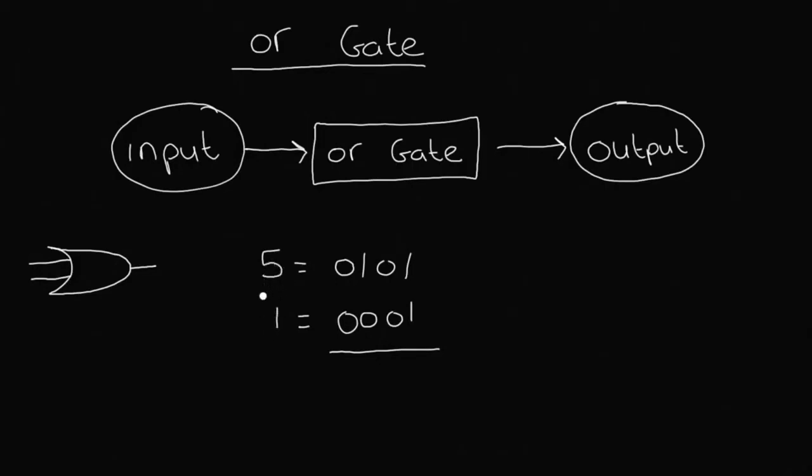Once we've got 5 and 1 as our input, we look a little bit deeper, at 1, 1 here first of all. We can see that 5 has got 1 and 1 has got 1. As I said before, only one of them has to be 1, and we can put a 1 down here. Unfortunately, when we go to the next column, both of them are 0, so we have to put down a 0 here.